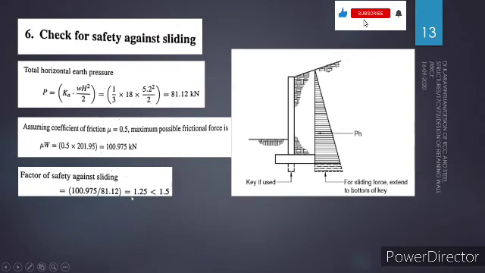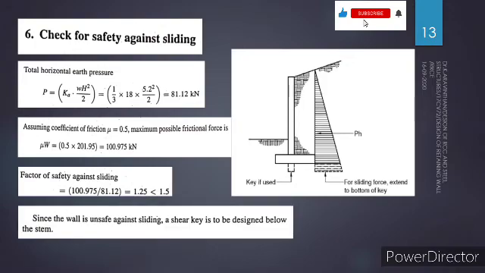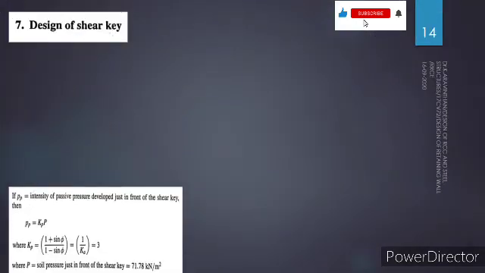In the previous lecture, I mentioned that the factor of safety against sliding should be greater than 1.5. Hence, we have to provide additional safety for sliding. We are using a shear key. If this value is beyond 1.5, there is no need for a shear key, but currently we need a shear key design.